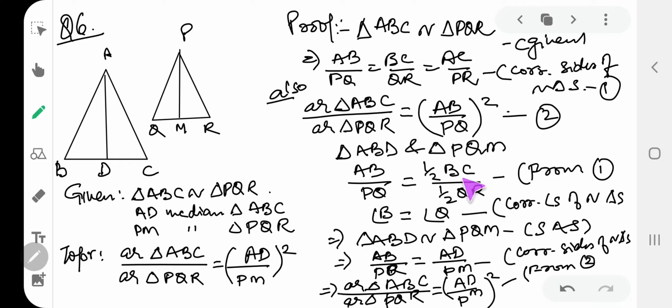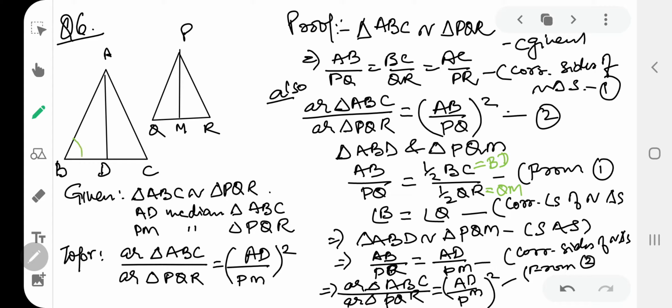With this, half BC is BD, and half QR is QM. So with this, you will get AB by PQ is equal to BD by QM.